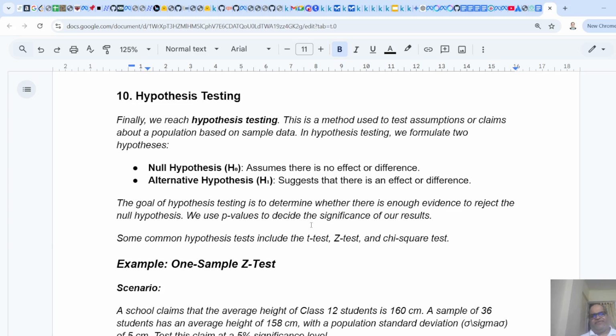And then you try and prove that your null hypothesis is incorrect, and you define your alternate hypothesis as: yes, it is a very effective one, right? So the whole idea is, you set up your null hypothesis and prove that it is incorrect.